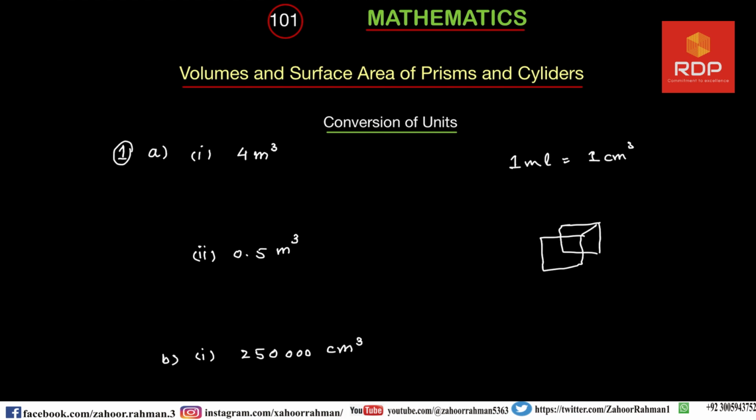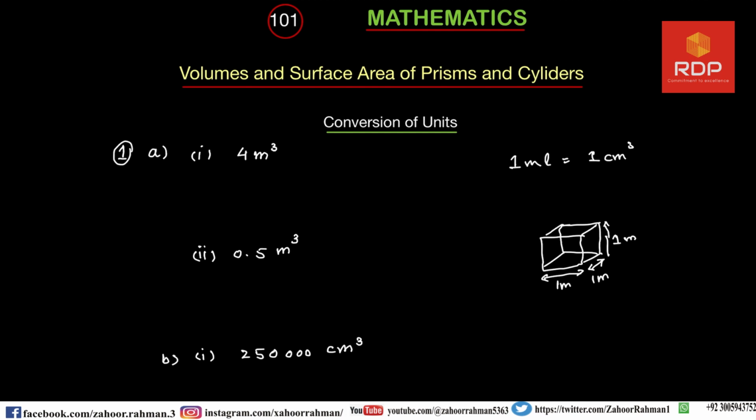So you must understand that if length is 1 meter, width is 1 meter and height is 1 meter, then it is 1 meter cube.